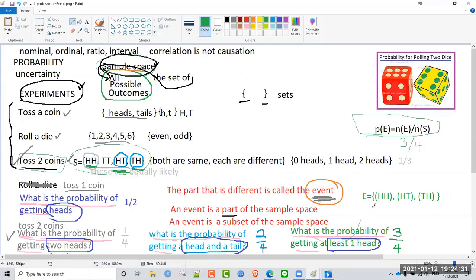And then how can I write it as a subset of the whole sample space? So I did that here. And then I can just count how many elements are in here and how many elements are in the sample space. And then I can do the question. Okay, does everyone get this? Yes. Okay.